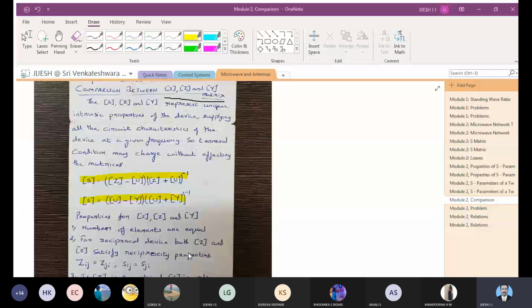Based on your requirement, you can modify the matrix, and you have to understand what properties these three have in common. Just write these things till here, then one by one we'll discuss. These are all theoretical concepts, and it's very easy for you to understand.